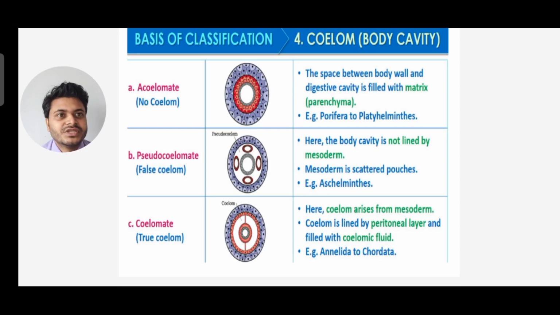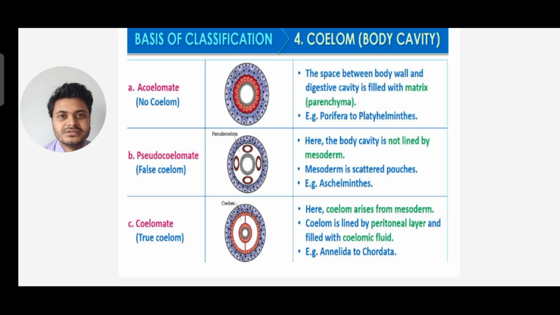Now we are moving to acoelom. What is acoelom? The space between the body wall and the digestive system is filled with a matrix. Example, Porifera and Platyhelminthes we can see.